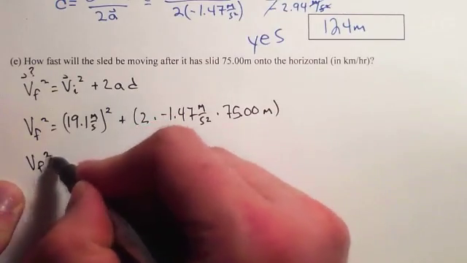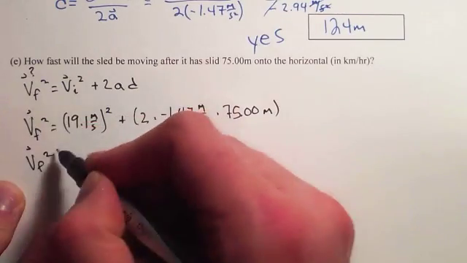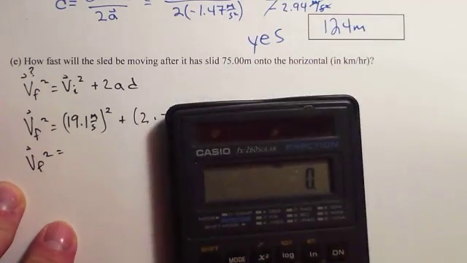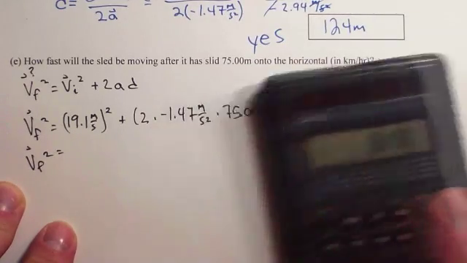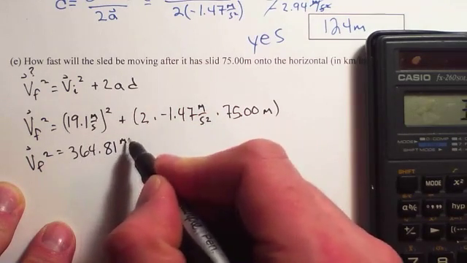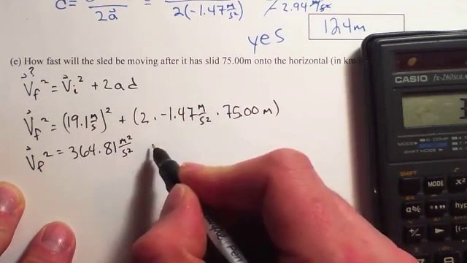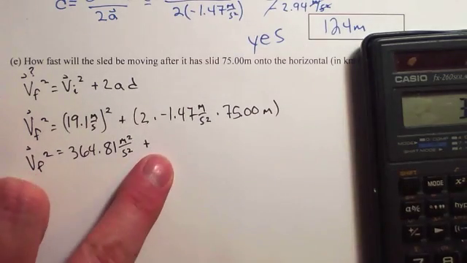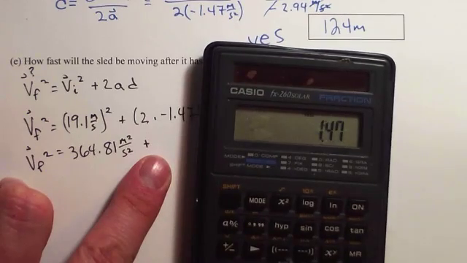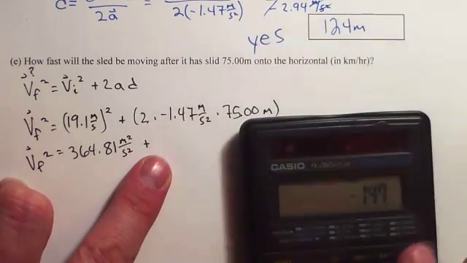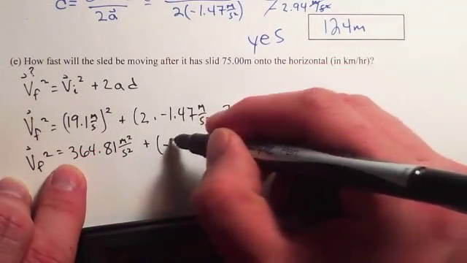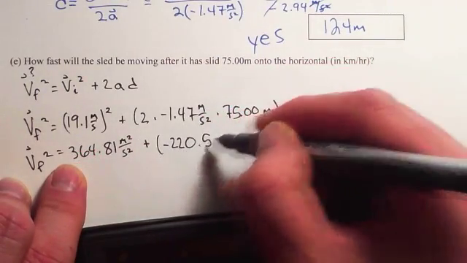So you have to remember that it's VF squared. It seems to be an area where people get caught sometimes. So you have 19.1 squared is 364.81 meters squared per second squared plus 2 times negative 1.47 times 75, which is negative 220.5.